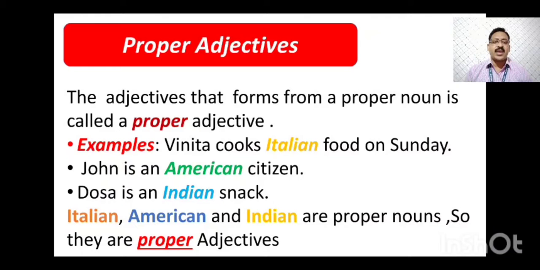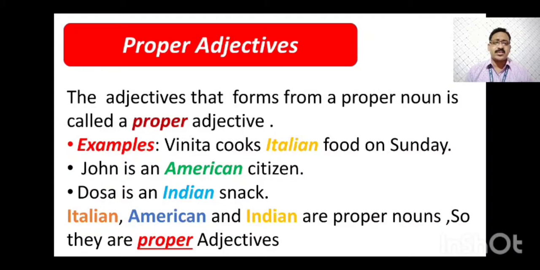John is an American citizen. The person John belongs to America, so it is American citizen. Dosa is an Indian snack. Dosa, the food item, is a snack. It belongs to India.